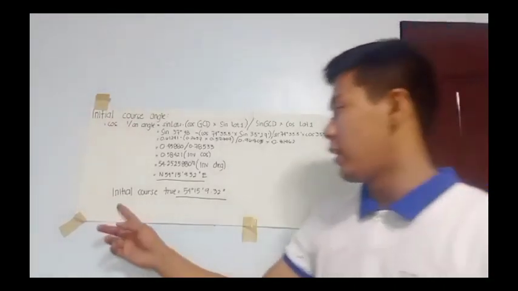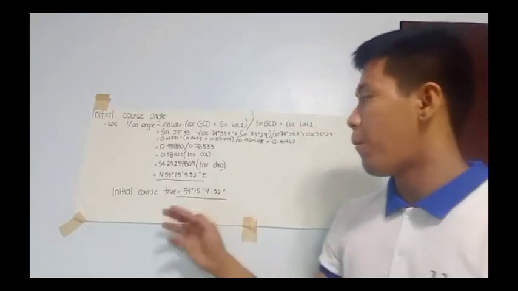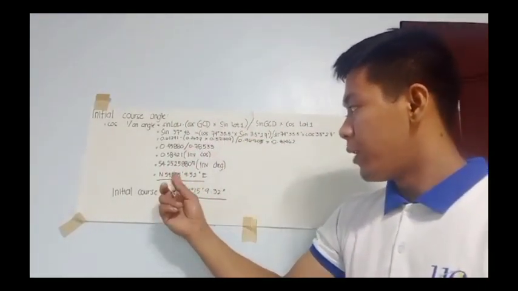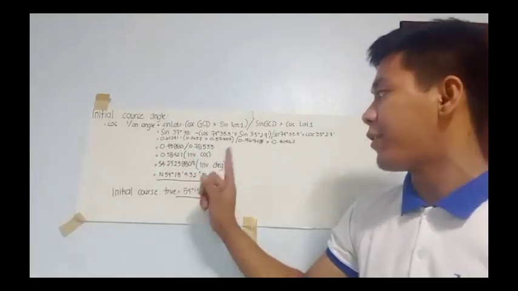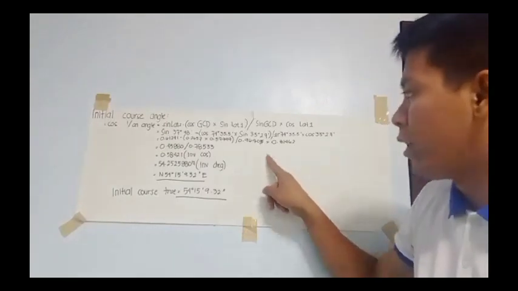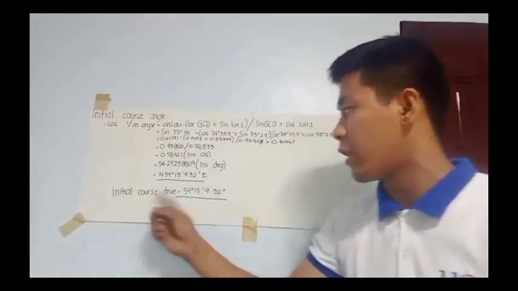To get the initial true course, what this means is from north we have to travel to east 54 degrees and 15 minutes and 9.32 seconds. So we have to travel clockwise from north to get the initial course true.